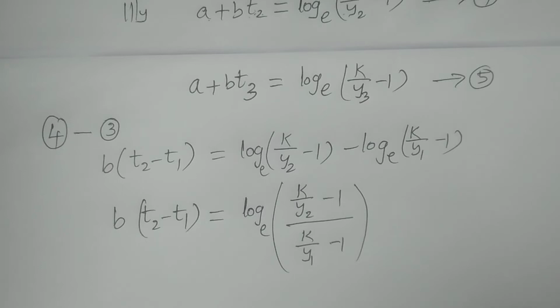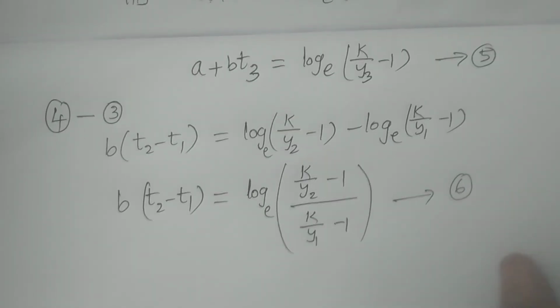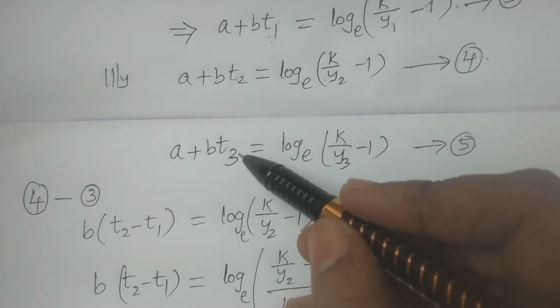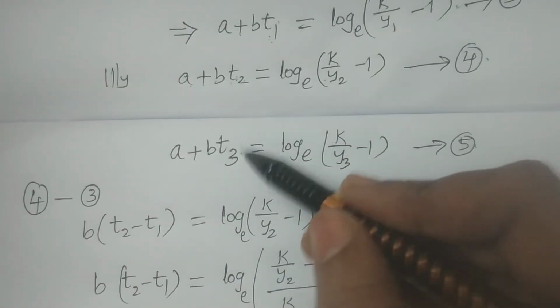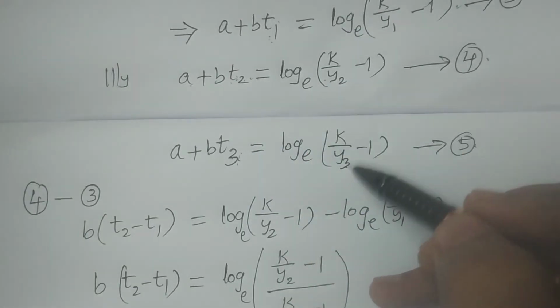Now you leave this one and consider another equation, another result. After subtracting 4 and 3, we get this. Now we have to subtract 5 and 4, that is the equation of T3 and the equation involving T2, these two and y3, y2.